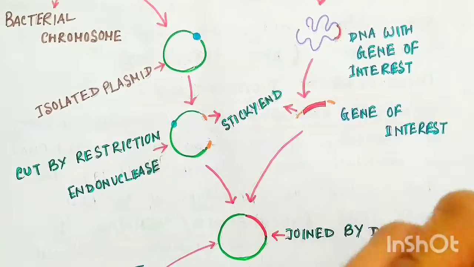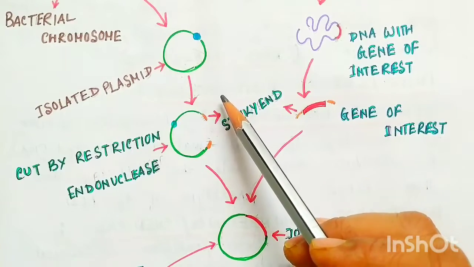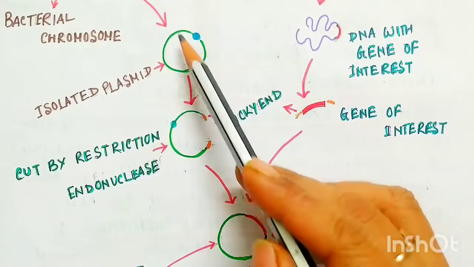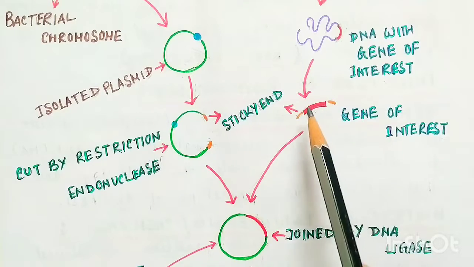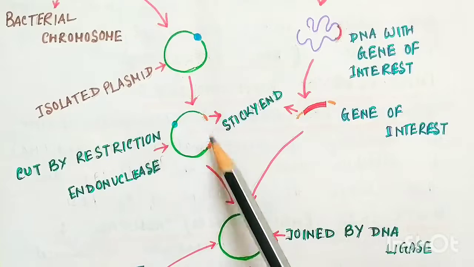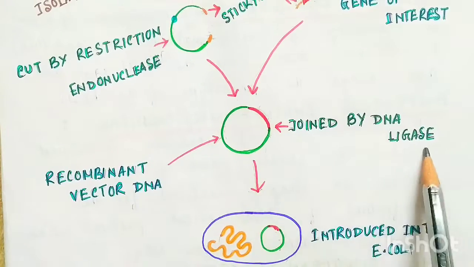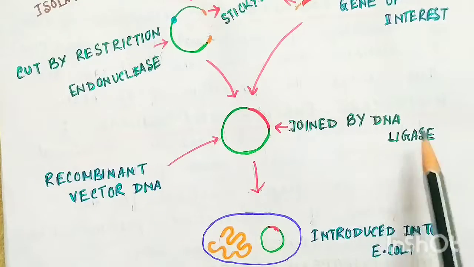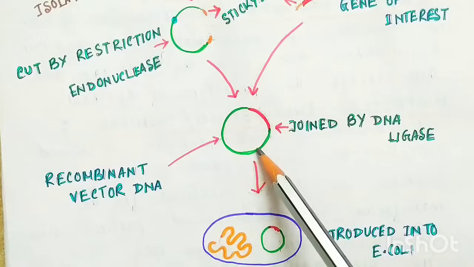At the same time, using the same molecular scissor, meaning the same restriction endonuclease enzyme, the plasmid is also cut, and it also has two sticky ends at the cut portion. Then this gene of interest is mixed with this plasmid, and with the help of DNA ligase, which works as a molecular glue, these two portions are joined and they will look like this.